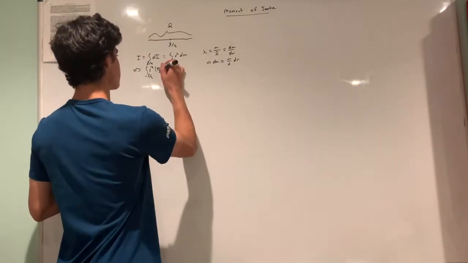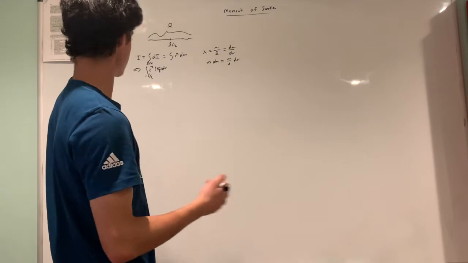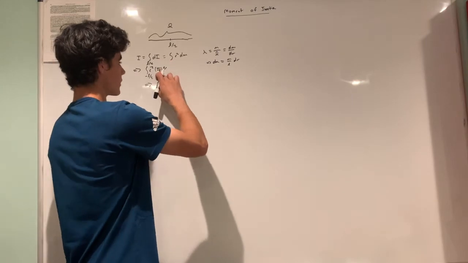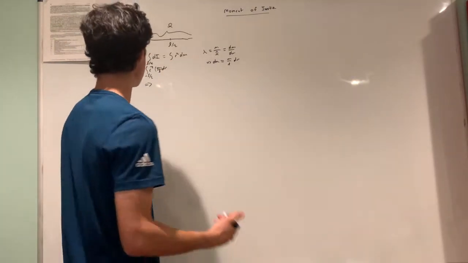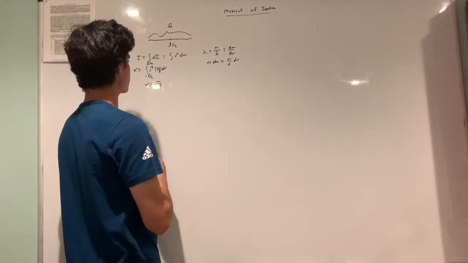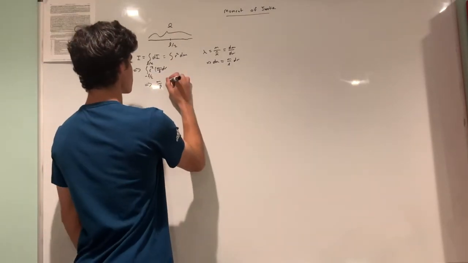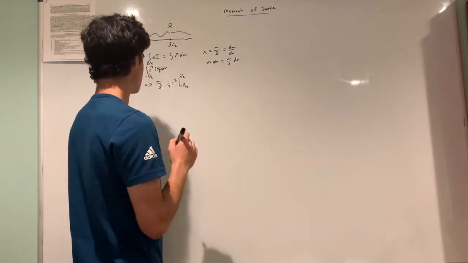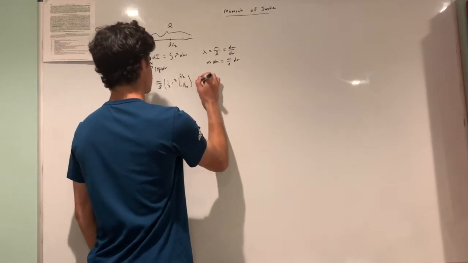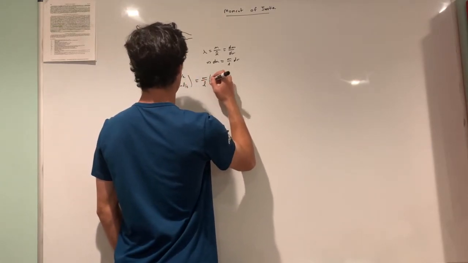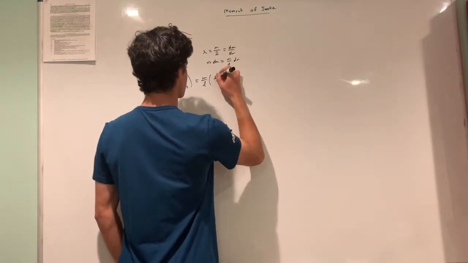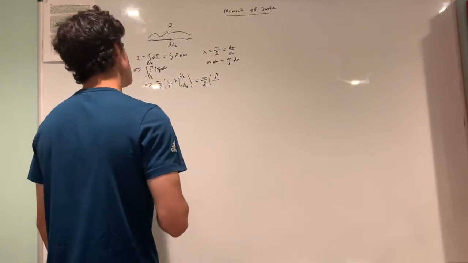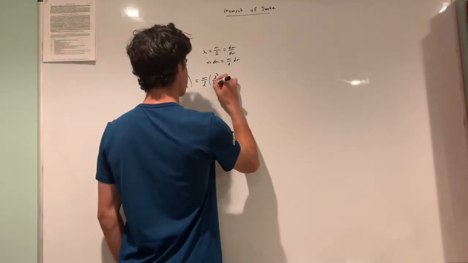Now from here, we'll just plug everything in and derive. At this point it's just a math problem, right? We're going to pull out M over L because they're both constants that do not vary, and we're going to integrate. So we're going to have one third r cubed, integrated from negative L over 2 to L over 2. We'll have L cubed over 8 times 3, which is 24.